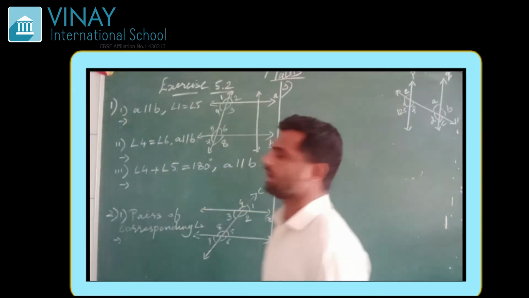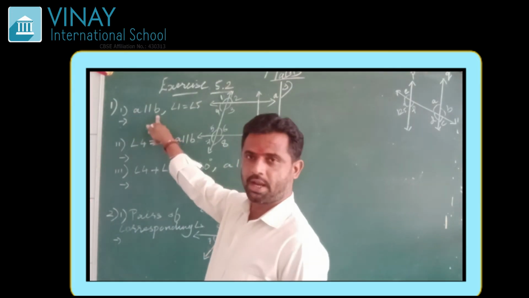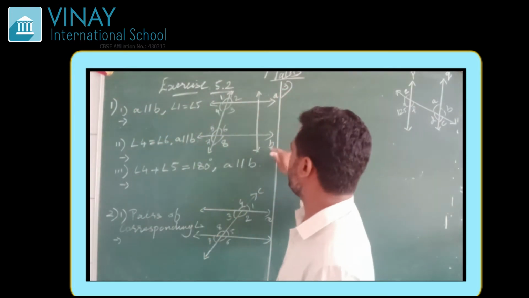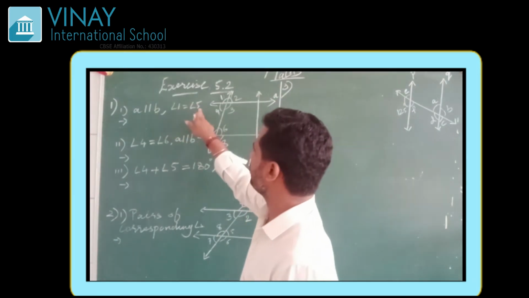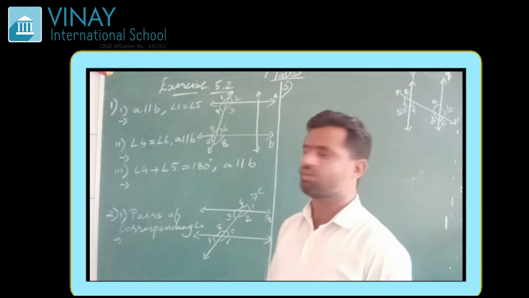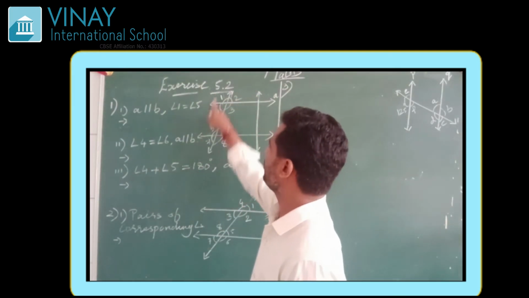results are given here. If line A is parallel to line B, then angle 1 is equal to angle 5. So we need to find out which pair of angles this is, angle 1 and angle 5.